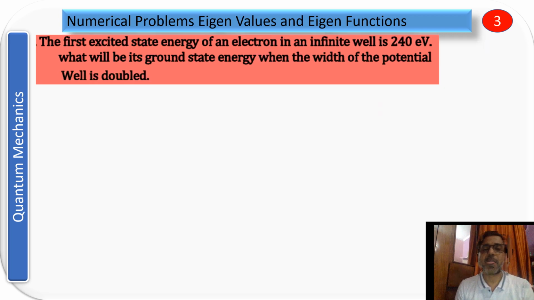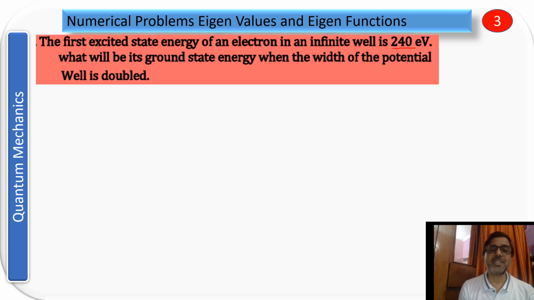Let us see. The first excited state energy of an electron in an infinite well is 240 electron volt. Now you see the first excited state. First excited state does mean n equal to 2.